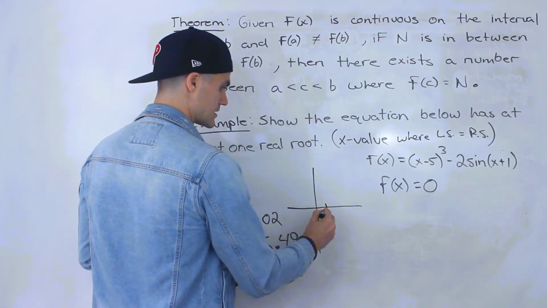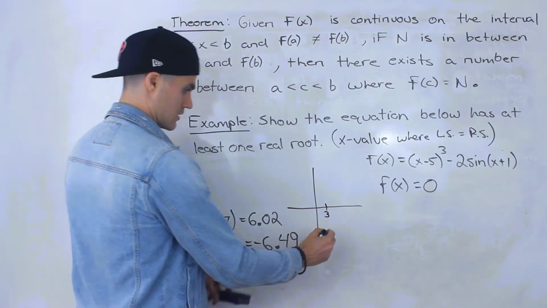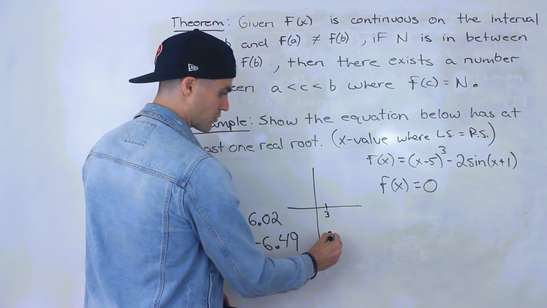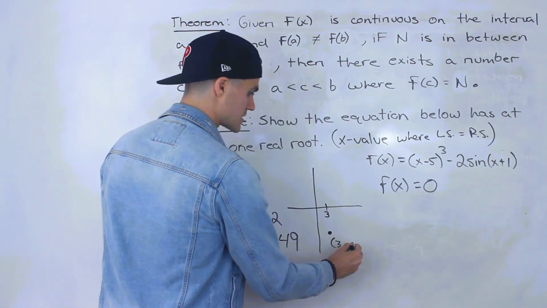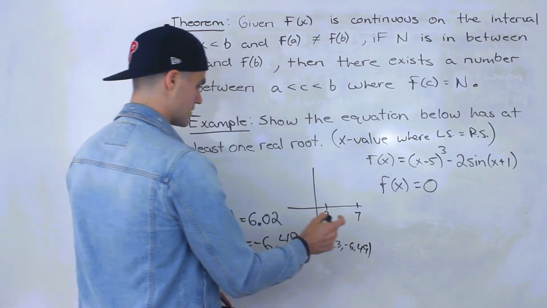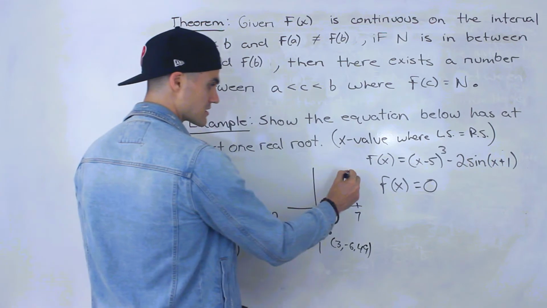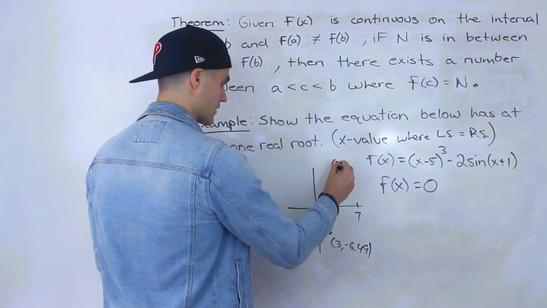All I know is at an x value of 3, there's going to be a y value of negative 6.49, so 3, negative 6.49. And at an x value of 7, there's going to be a positive y value of 6.02.